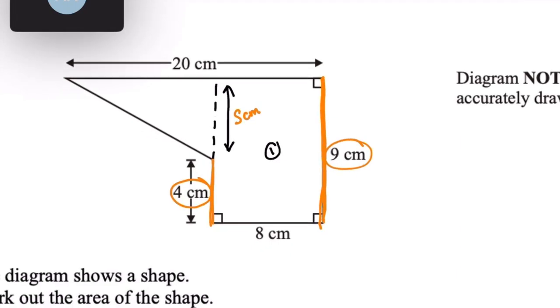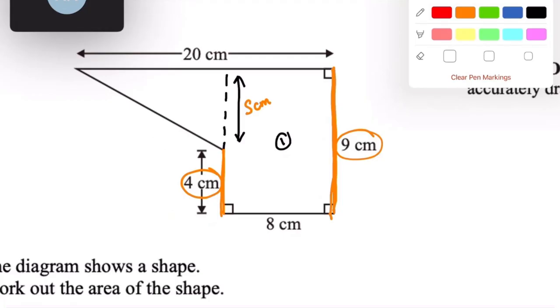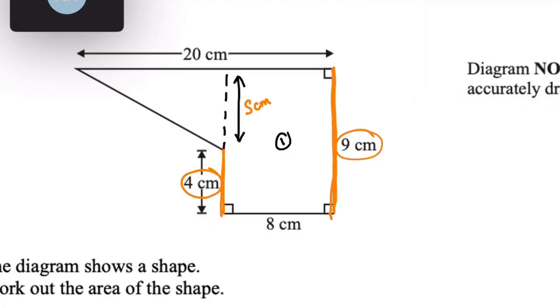Now we need to work out the horizontal. We need to work out this part, this part of the blue line, because this is the triangle. We're going to look at all the lines. We know that the whole distance is 20 centimeters.